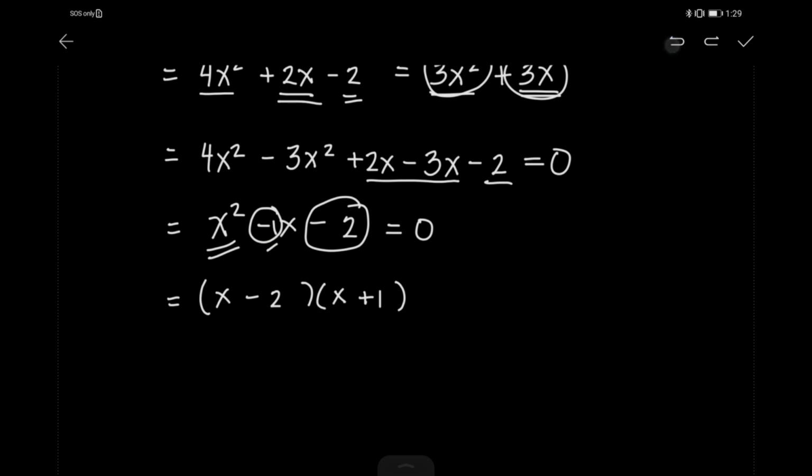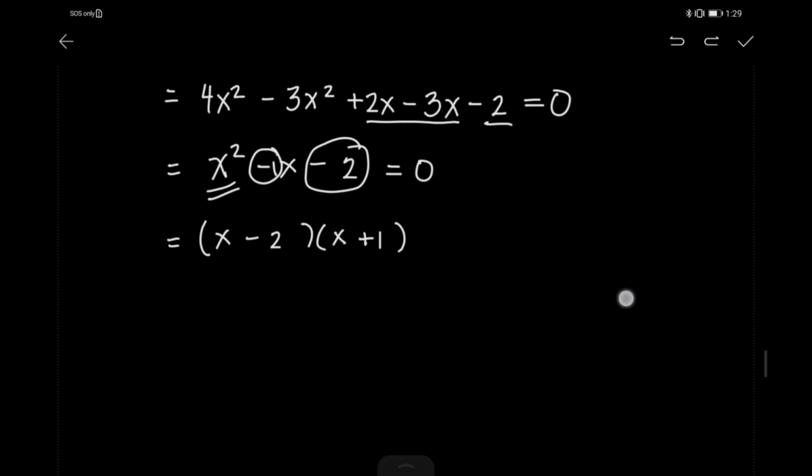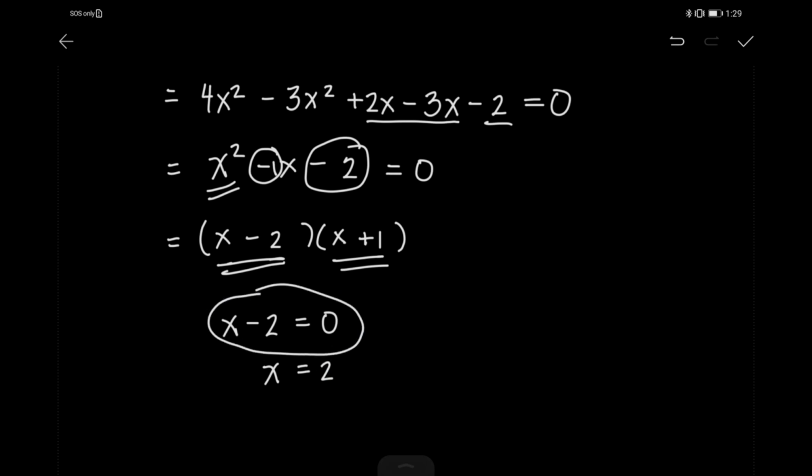It satisfies our condition. So what is the value of x? We have to equate each factor to 0. What value of x makes x minus 2 equal to 0? If x is equal to 2, then this factor is equal to 0.